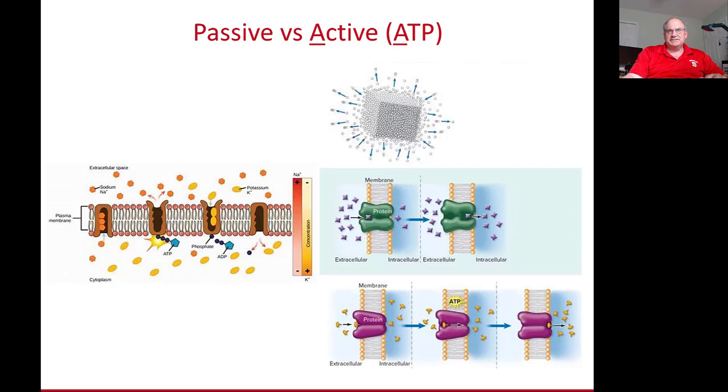Now, if you look at active, it's a different deal. That requires ATP. So if we have a particular protein, ATP binds to it, thus transferring the chemical bond energy, as you see here, making ADP.